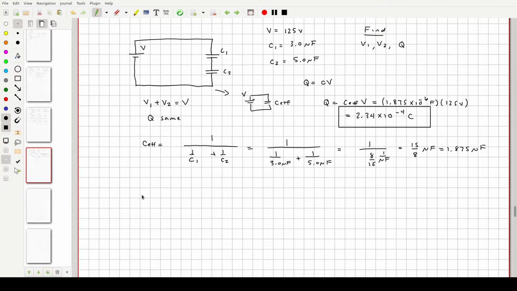Well, Q is equal to CV, which means that V1, for example, would be Q over C1, with C1 being 3.0 times 10 to the minus 6 farads. So if I divide this by 3 times 10 to the minus 6, I get something like 78.125 volts.